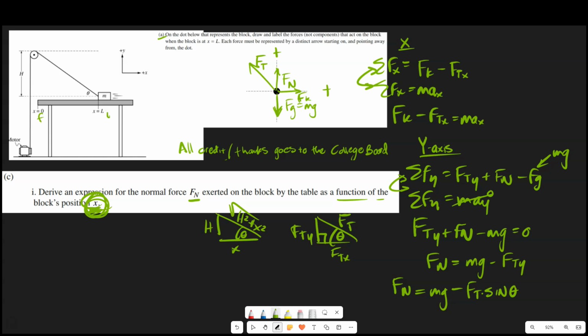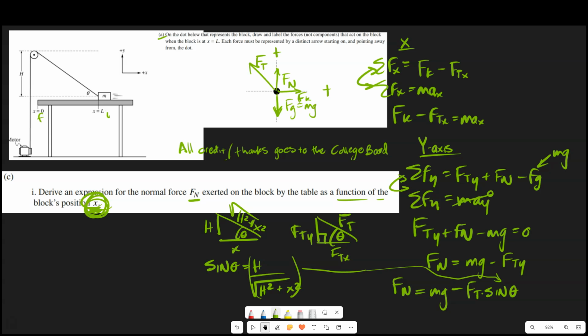Well, if we solve for that sine of theta, we can say sine of theta is going to be equal to h over the root of h squared plus x squared. If we take that and sub that in to the sine of theta, then we have our normal force in terms of the function of the block's position.